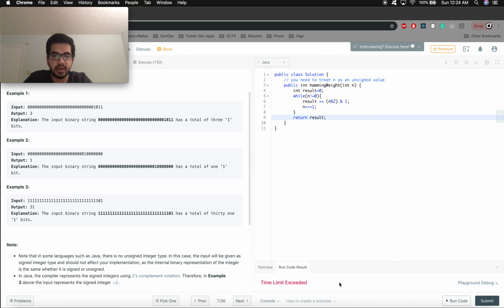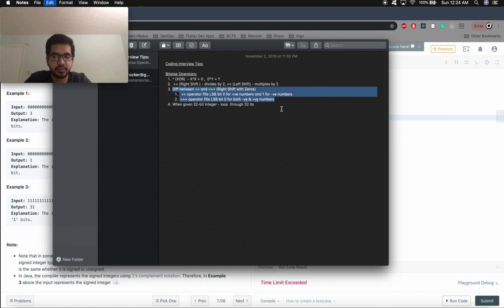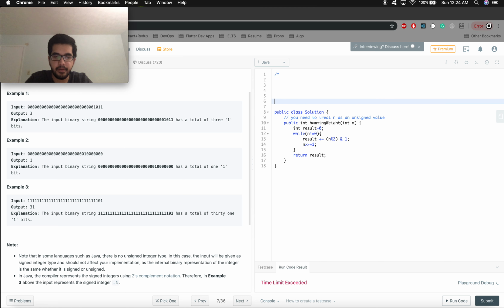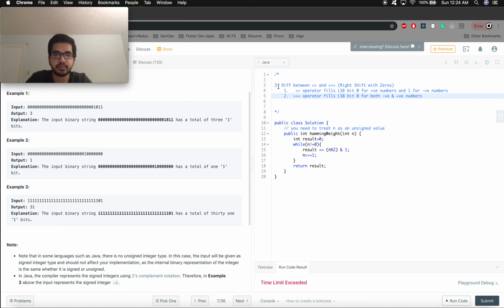So you can see the algorithm doesn't work. I will tell you why. Here, for the right shift operation, we are doing an arithmetic right shift. There is a difference between right shift and right shift with zeros.